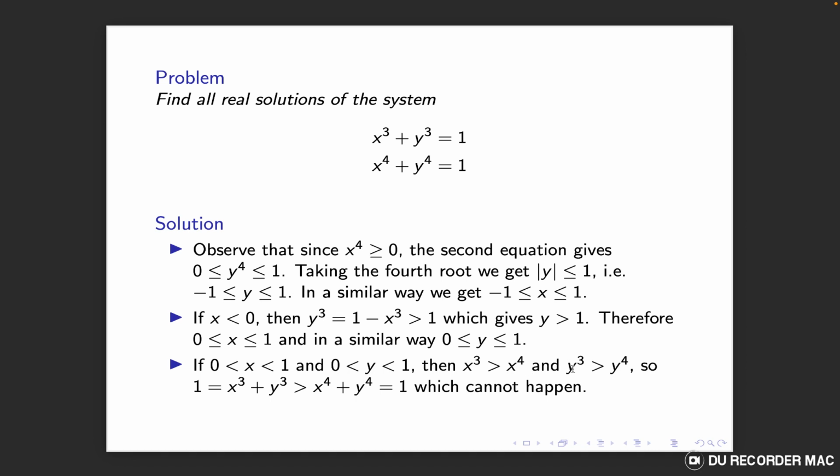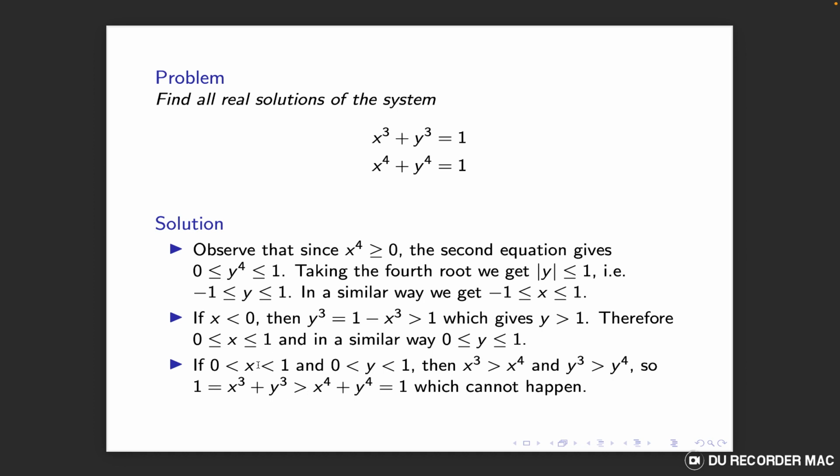For the same reason, since y is less than 1, y cubed will be greater than y to the power 4. So we get 1, which is x cubed plus y cubed, is strictly greater than x to the power 4 plus y to the power 4, just because of this inequality and this inequality right here. So we get 1 is strictly greater than 1, which cannot happen.